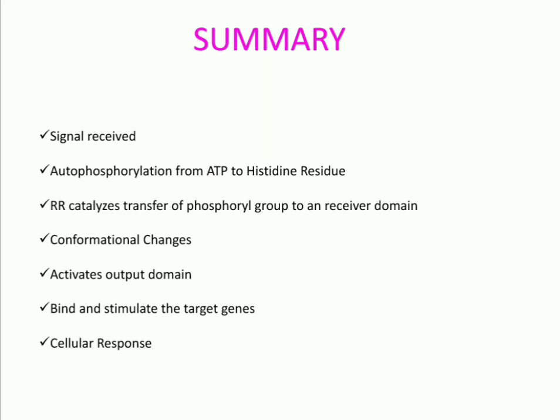The receiver domain changes its structure, and this conformational change activates the output domain. After activation of the output domain, it binds to the target genes, which ultimately results in the cellular response. Thank you.